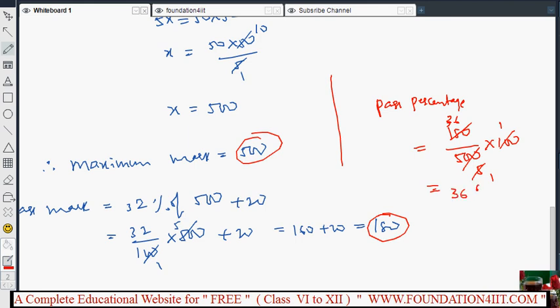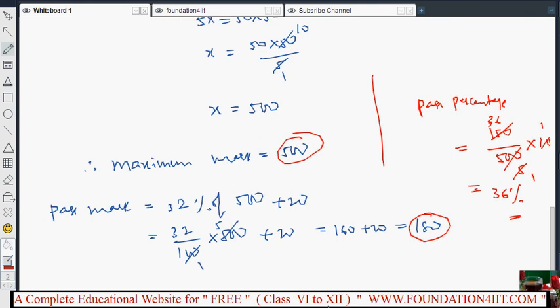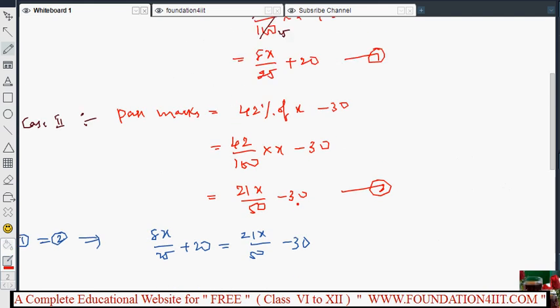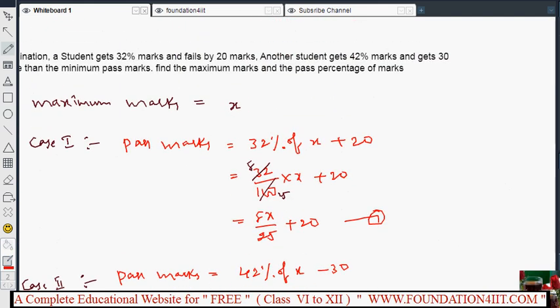Okay, 36 percentage is the pass percentage. So this is the way we can solve this problem. If you observe case 1, case 2, both are pass marks.